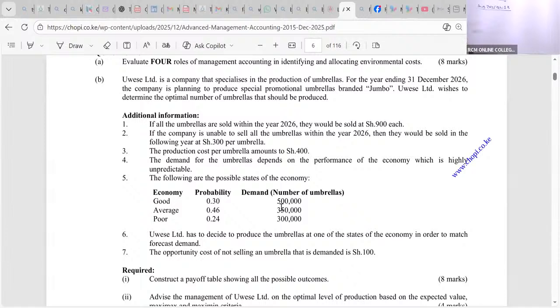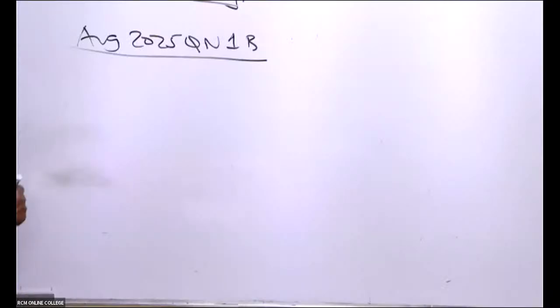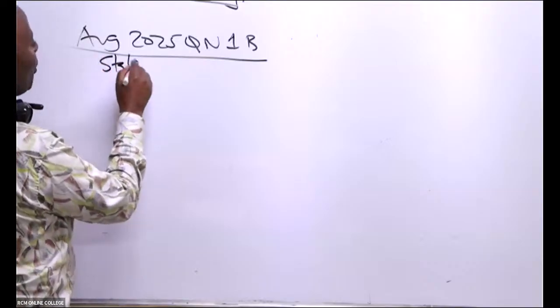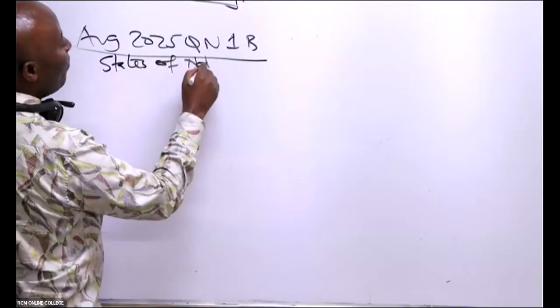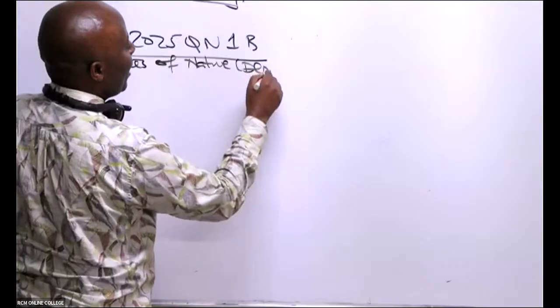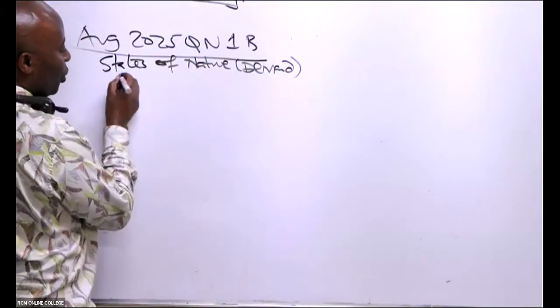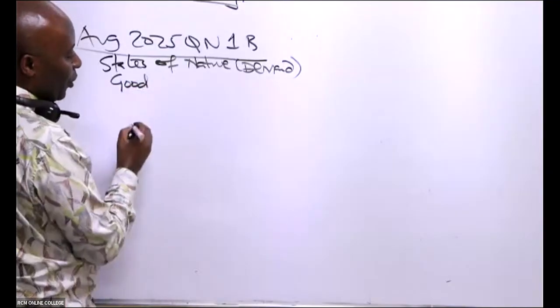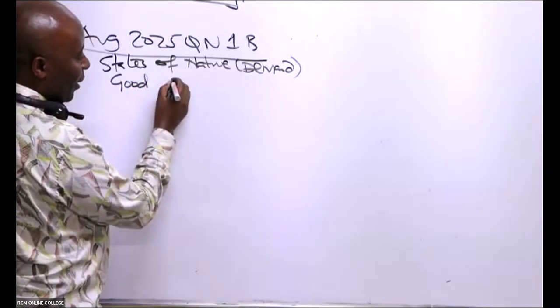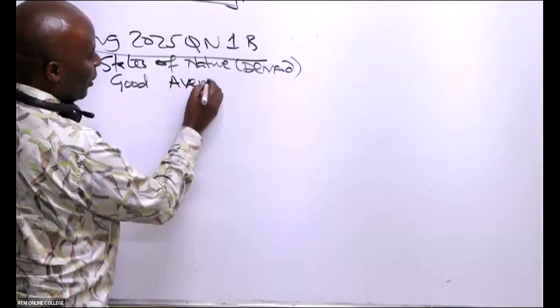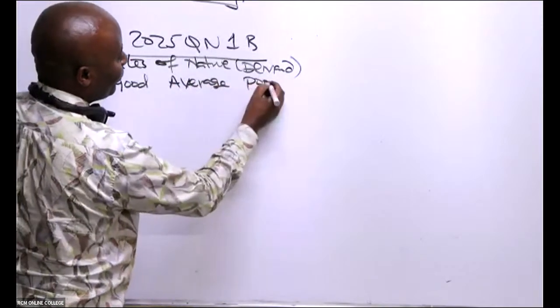So remember, the states of nature are this economy and the demand. Our states of nature, basically this will be demand, which of course is pegged on the performance of the economy, which could either be good, average, or poor.